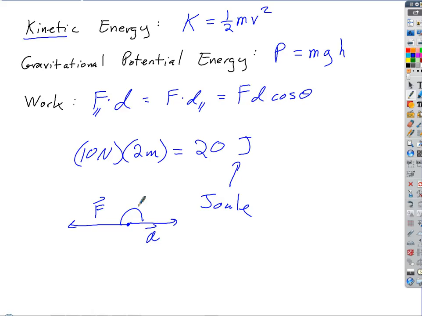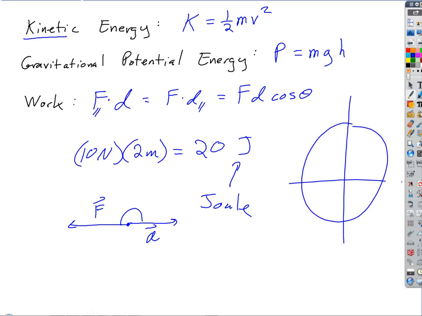Think, negative 1. Think unit circle, right? This is 180 degrees. Cosine is the x-coordinate. What's the x-coordinate on the unit circle there? Negative 1. Yeah, the coordinates are negative 1, 0, right? Okay, so yeah, it's doing negative work, right?